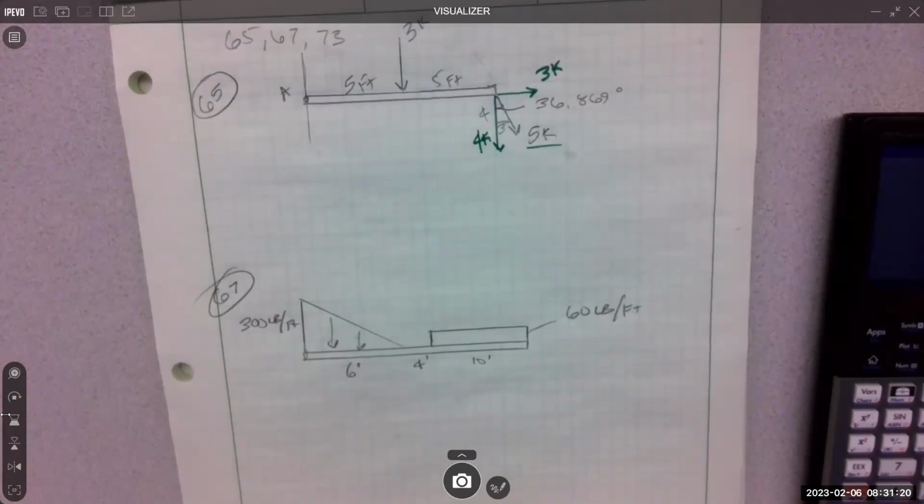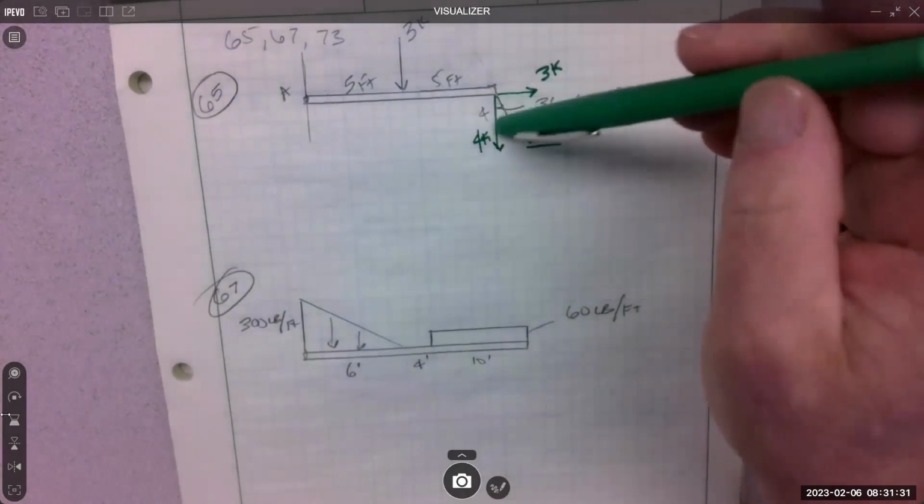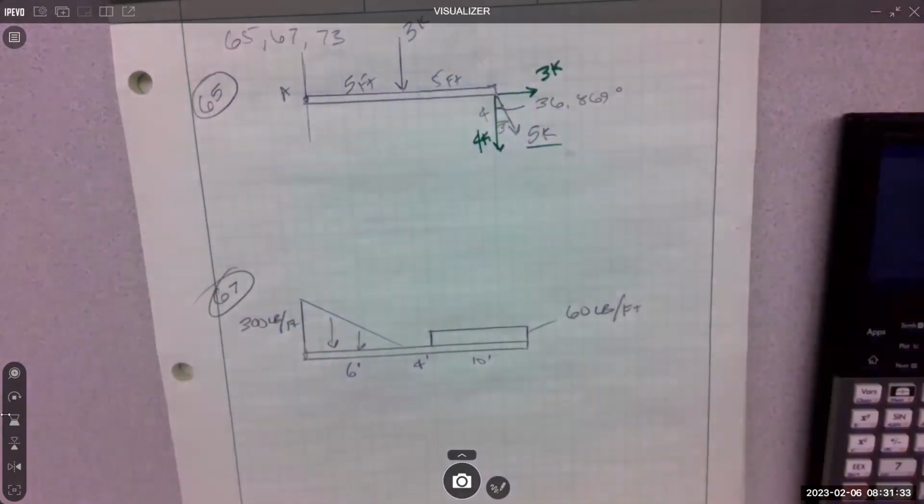I just know a 3-4-5 triangle. If the legs are 3 and 4, the hypotenuse is 5. So they gave you the ratio 4-3. When you see that, and if you remember, hey, this is a 3, 4, 5 triangle, that's kind of handy.